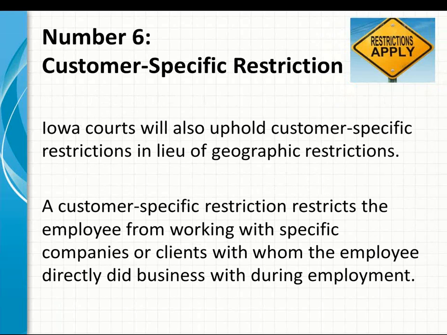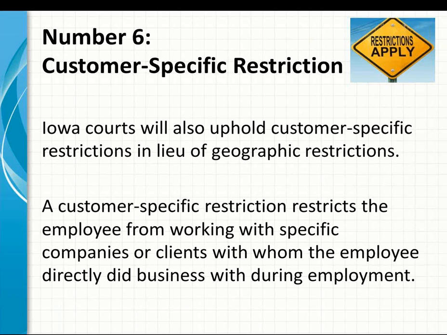The sixth item you want to consider is whether you want to use a customer-specific restriction in lieu of a geographic restriction. That's because in Iowa, courts will uphold customer-specific restrictions. This is a type of restriction that restricts the employee from working with specific companies or clients with whom the employee directly does business during their employment.